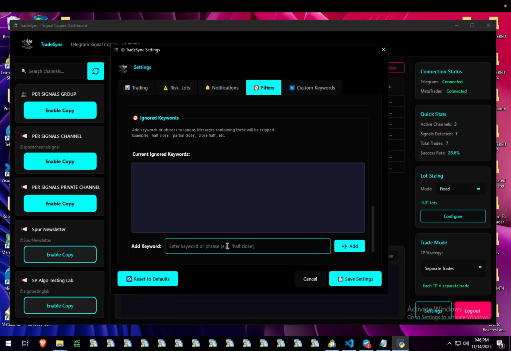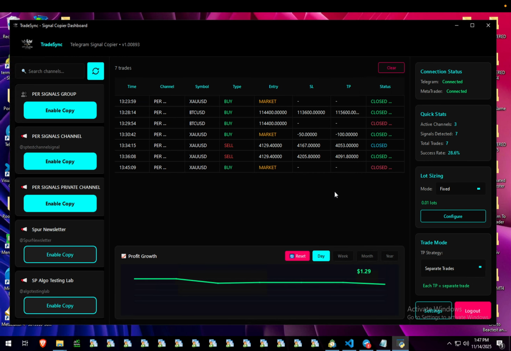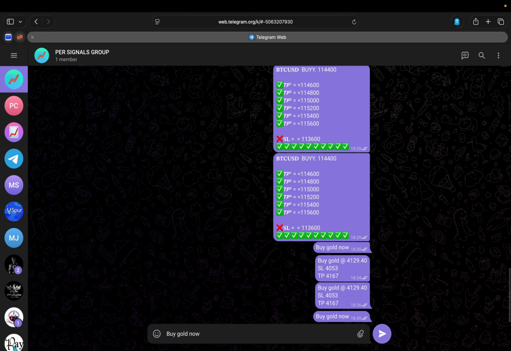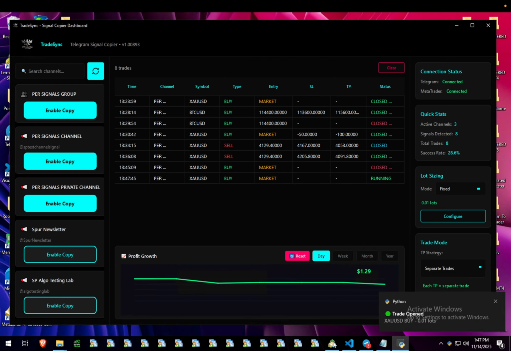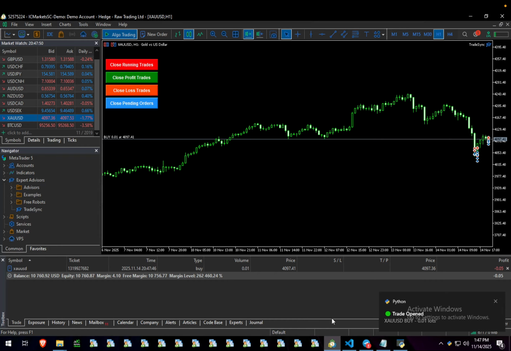Next, let's look at another useful feature, ignored keywords. This allows you to block certain words or phrases from triggering actions. For example, if the admin replies with the word close to signal closing a trade, but you want your trade to keep running, you can add close to the ignored keywords list. Anytime that keyword appears, the app will ignore it and won't act on that command.